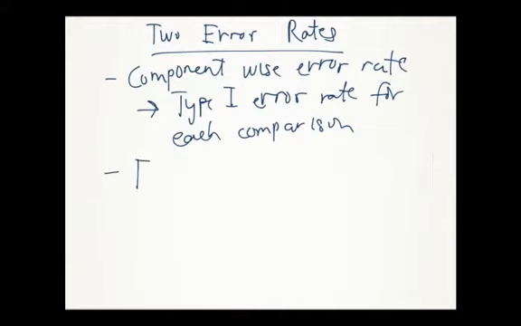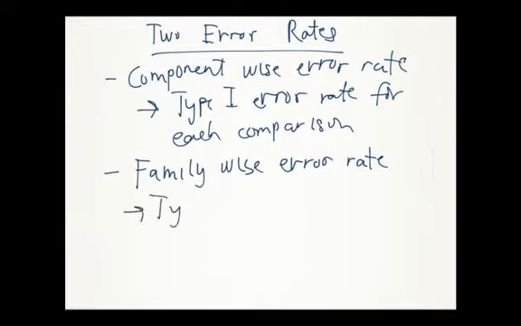Then, there's the family-wise error rate. That's the type 1 error rate for the entire group of comparisons.